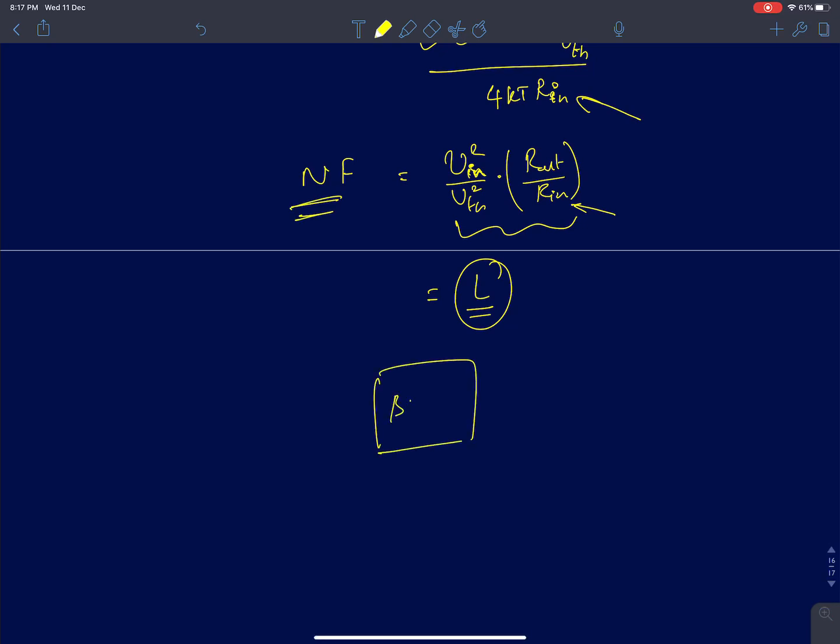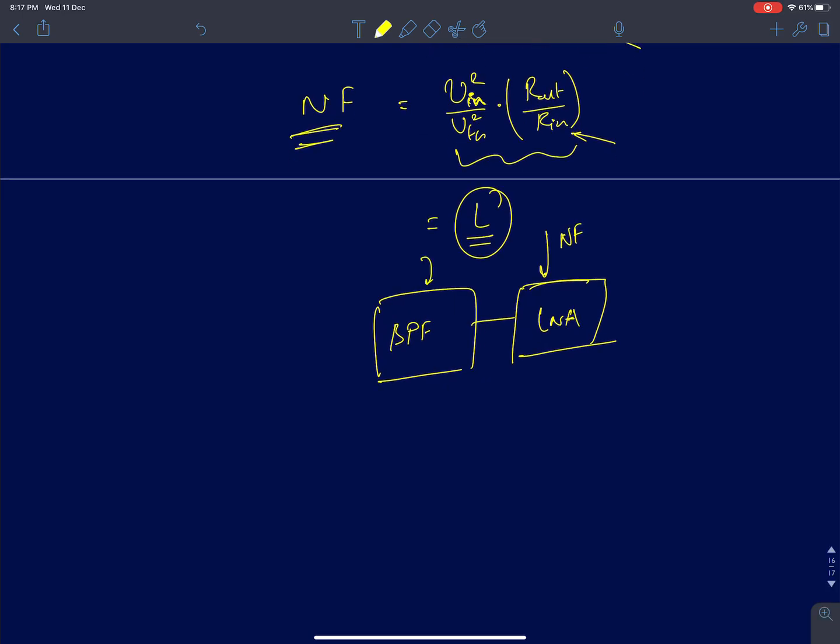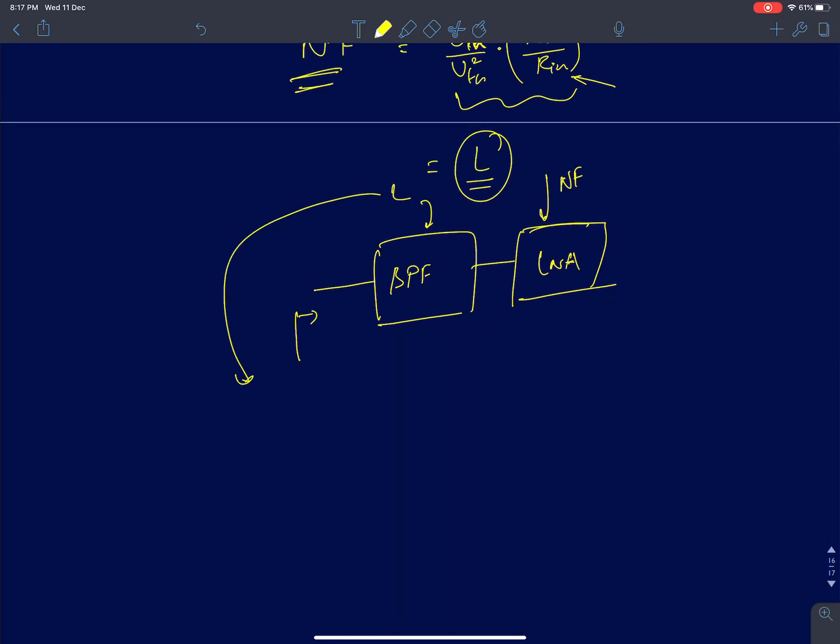When I cascade a bandpass filter and an amplifier, say some low noise amplifier, and I give you the noise figure of this and the noise figure of that, and we know the noise figure of the filter is L here, if I ask you to find the input referred noise, that is going to be the noise figure of the first stage, which is L, plus the noise figure of the second stage, NF minus 1, divided by the power gain of the previous stage, which is 1 by L. Power gain is defined from input to output.